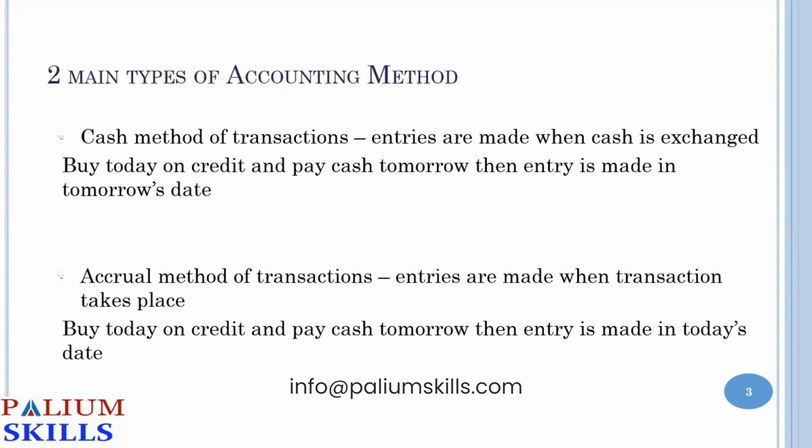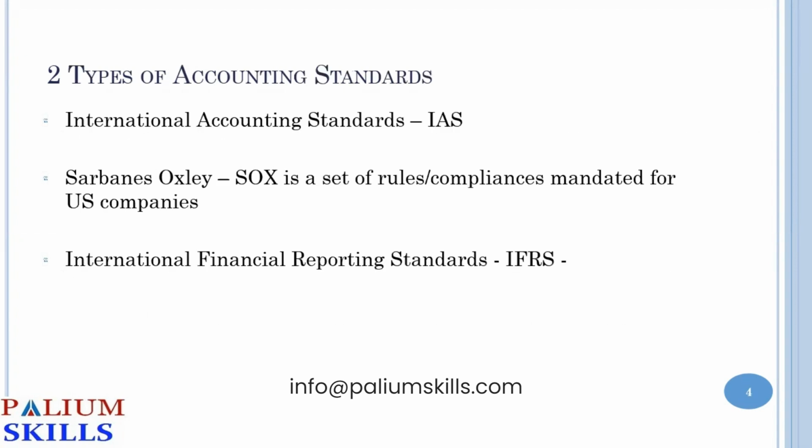So if you are buying today on credit, the entry will be made on today's date, that you have bought an item on credit today. Tomorrow, when you are paying the cash, that credit will be knocked off and cash will be recorded. So that is a debit and a credit. Every transaction will have a debit and credit.